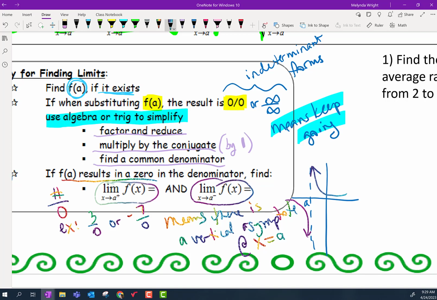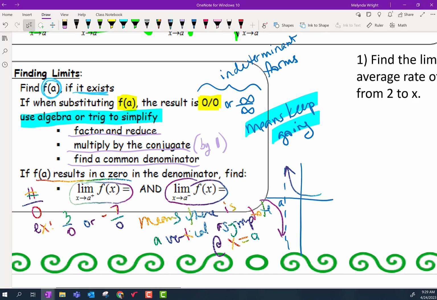So this is as x goes to a from the right, this tends to infinity. And this one down here is as x goes to a from the left, this tends to negative infinity. And we would say that that limit does not exist, DNE.